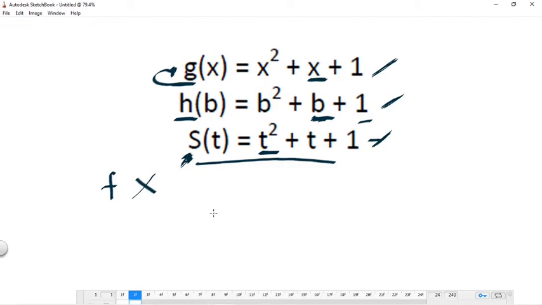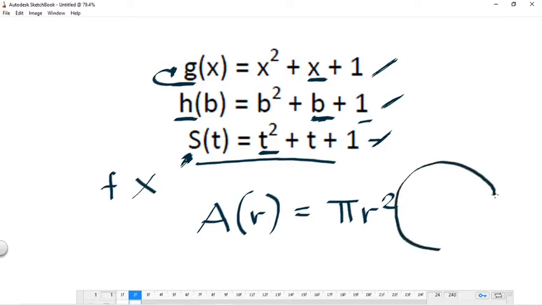Let us again observe this another example. A of r is equal to pi r raised to 2. If you look at this, this is an equation for finding the area of a circle wherein this r refers to the radius of a circle.